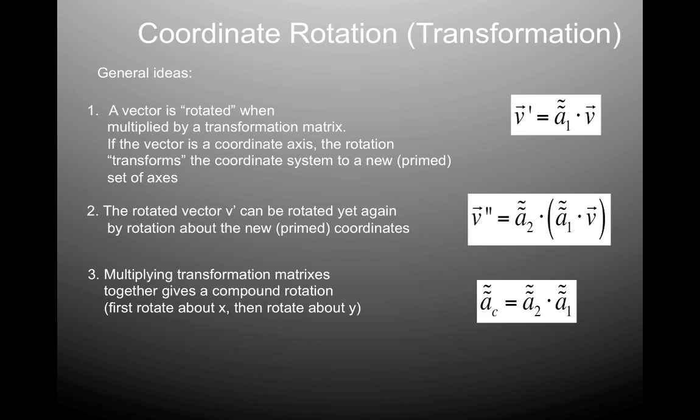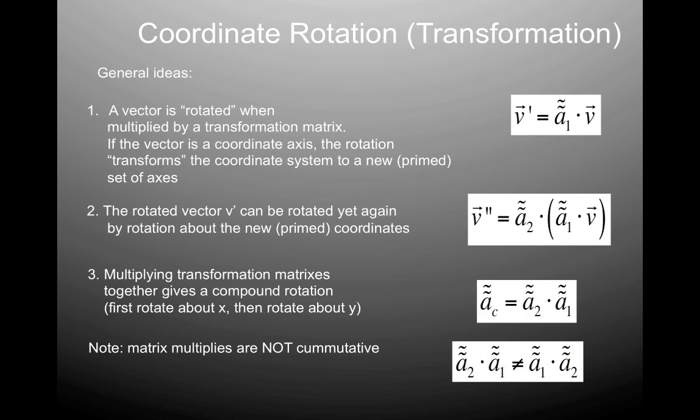We can write that compound rotation process as the product of two rotation matrices, A2 times A1. Now an important note is that matrix multiplication is not a commutative process. A2 times A1 is not equal to A1 times A2.